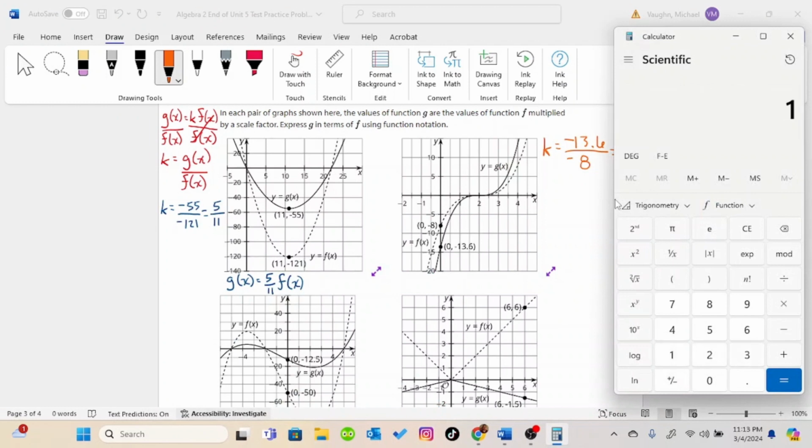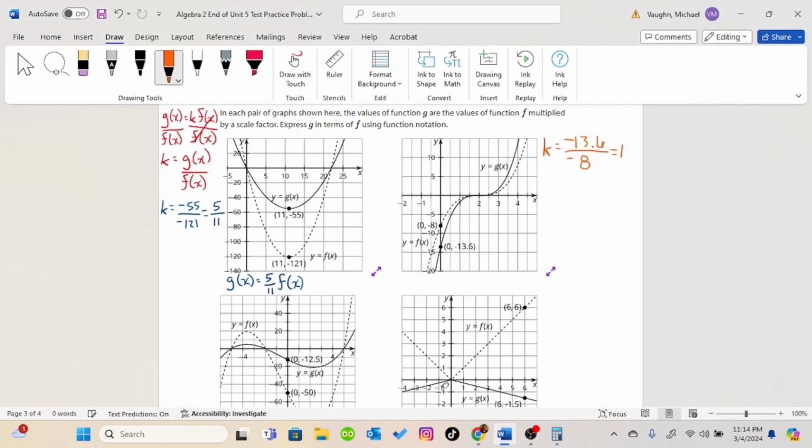We have negative 13.6 divided by negative 8, and that equals 1.7. So to write this one in function notation, we would say g of x equals 1.7 times f of x.